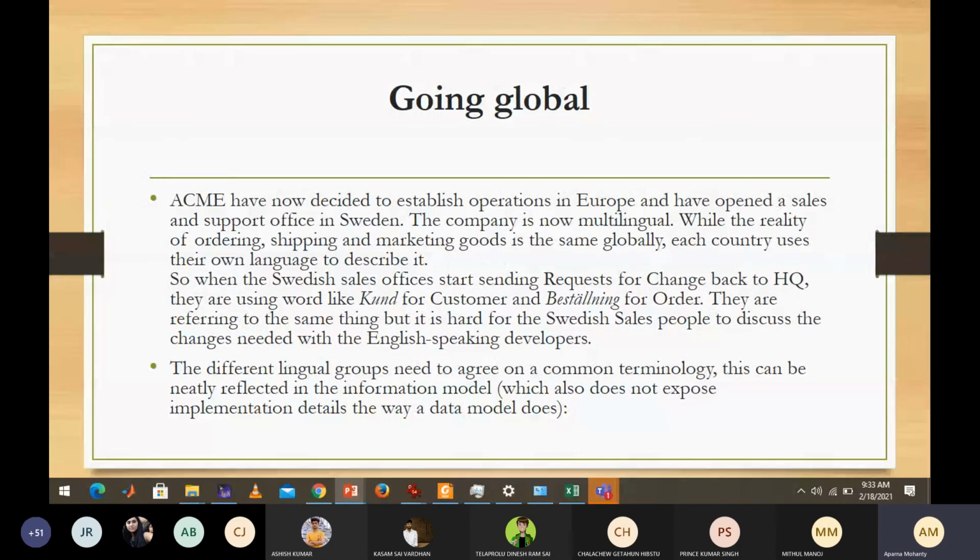Suppose for a Swedish company, when the Swedish sales offices start sending requests back to headquarters, they use the word KUND for customer, and for order they use the word bestelling, the Swedish word. So by going global, you need to map your English words to the Swedish words, because you are trying to expand into Sweden.